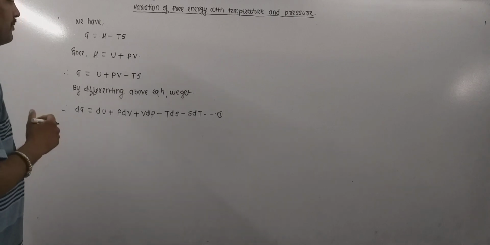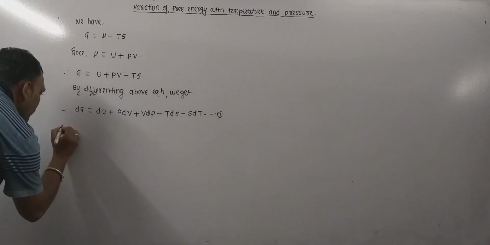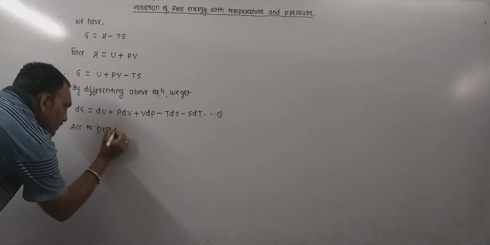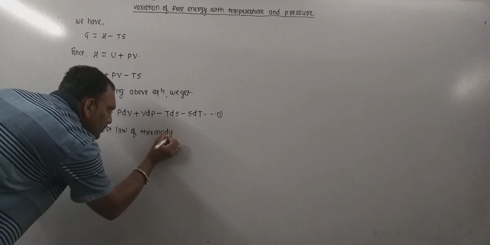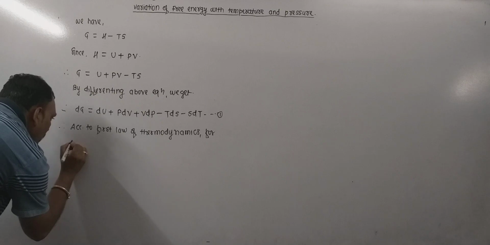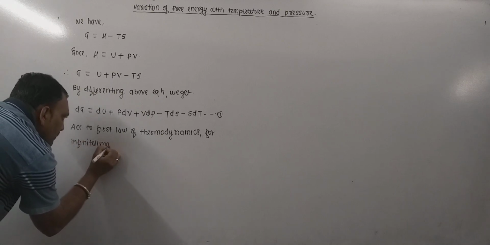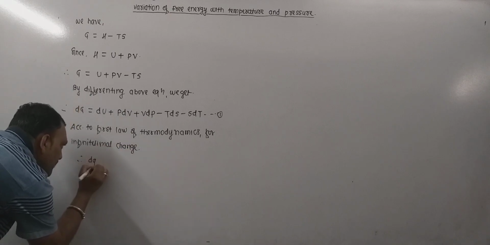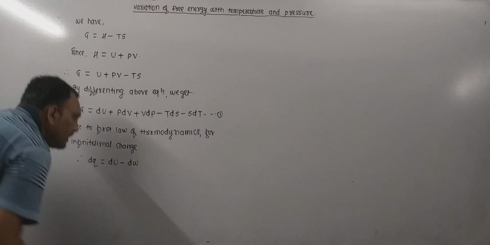Now we know very well, according to the first law of thermodynamics, for a small or infinitesimal change, dq is equal to dU minus dw.